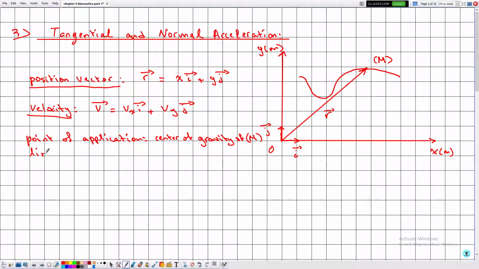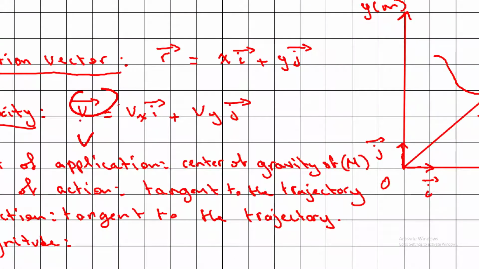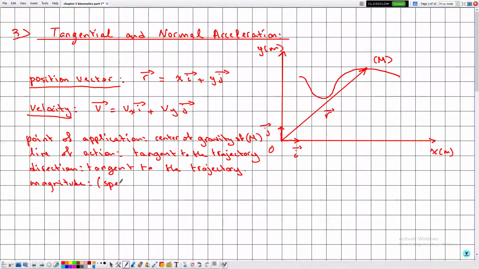The line of action is tangent to the trajectory, and the direction is tangent to the trajectory. And as for the magnitude of the velocity, which is given by v without a vector, it represents the speed, which is equal to the square root of vx squared plus vy squared.